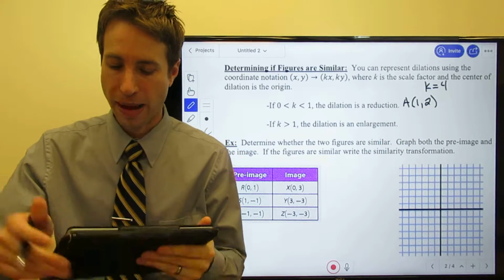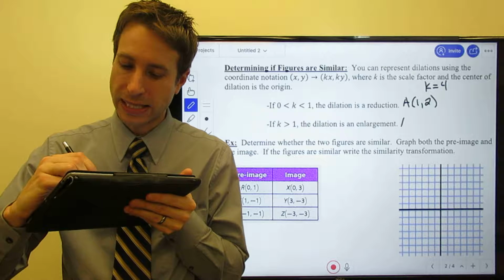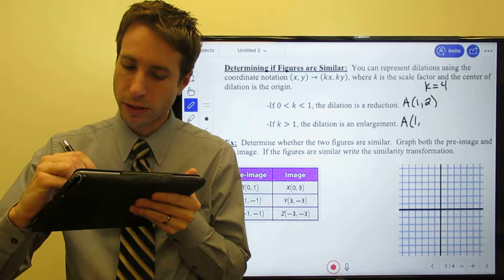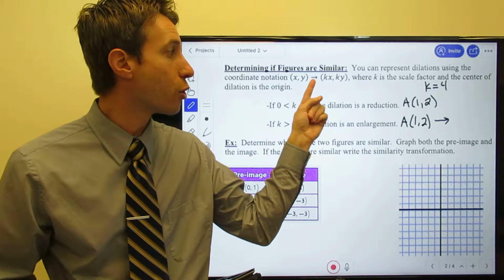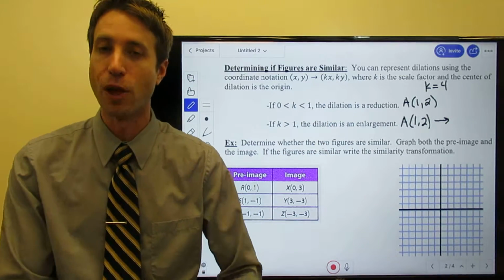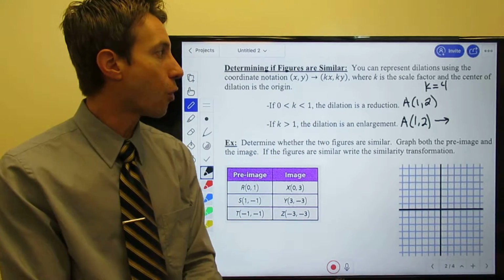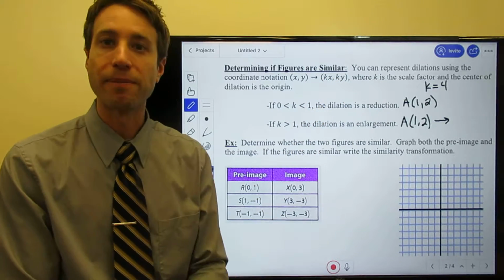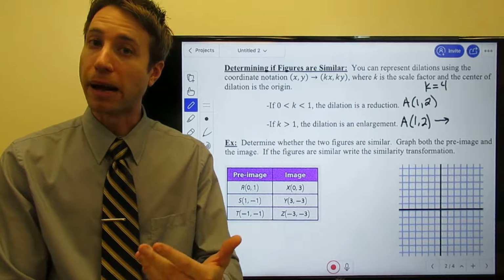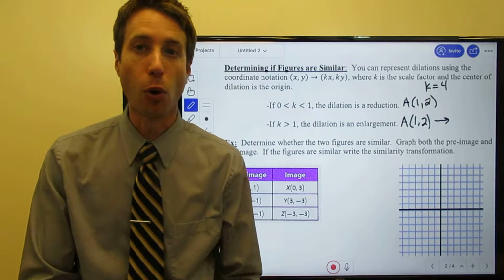There's my ordered pair. So remember the way that we did this. A is 1, 2, and then we drew that little arrow to show that we're performing a transformation. Well, the transformation I'm performing is I'm going to multiply k times x, and k times y. What is my k?